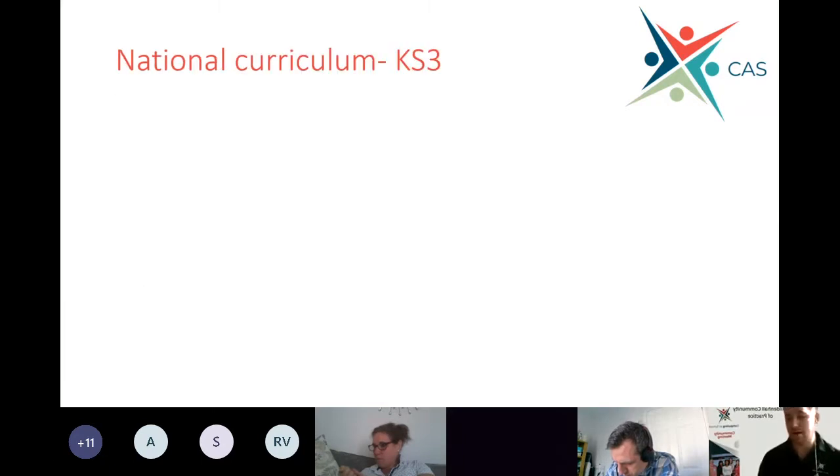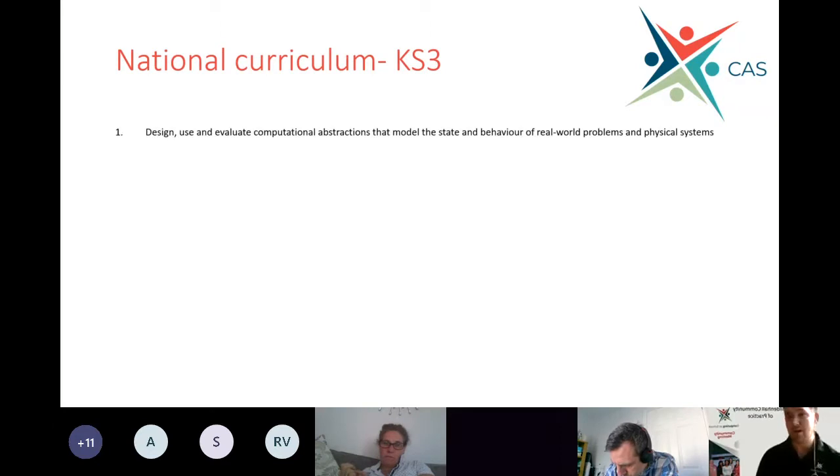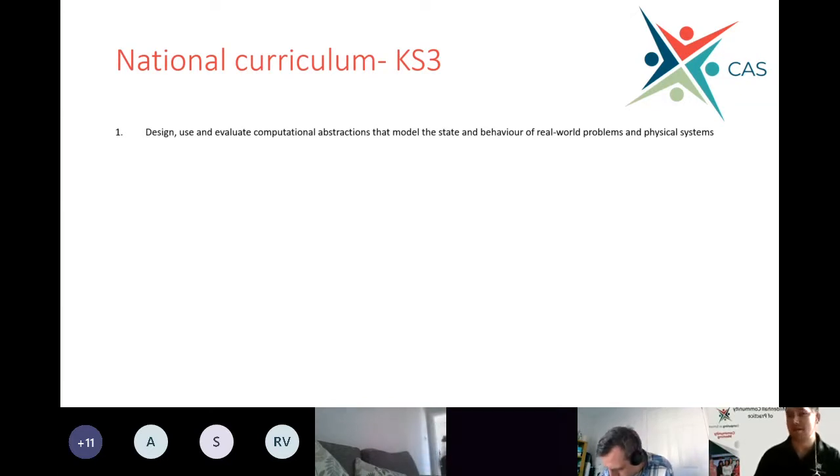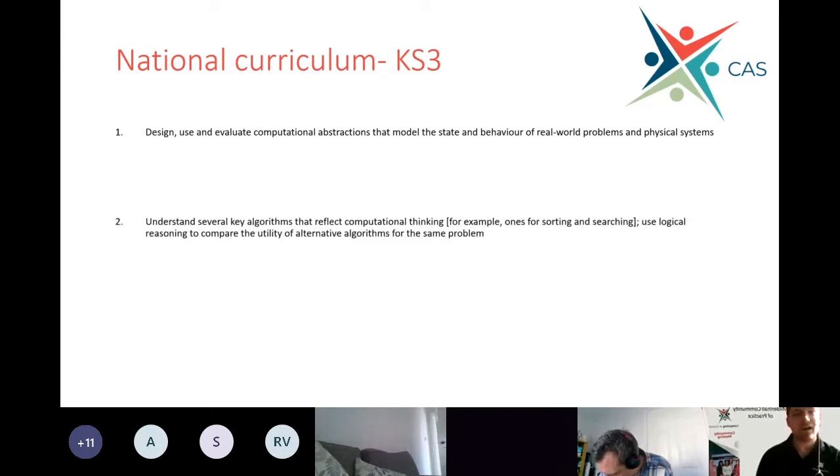So the next part, obviously, Key Stage 3. There's a lot to it, and in this space we have a 2-year Key Stage 3 at the moment, so there's a lot to try and cram in. We've got designing, using, and evaluating computational abstractions that model state and behaviour of real-world problems, looking at how you can create computer programs that look at real-world problems as much as possible.